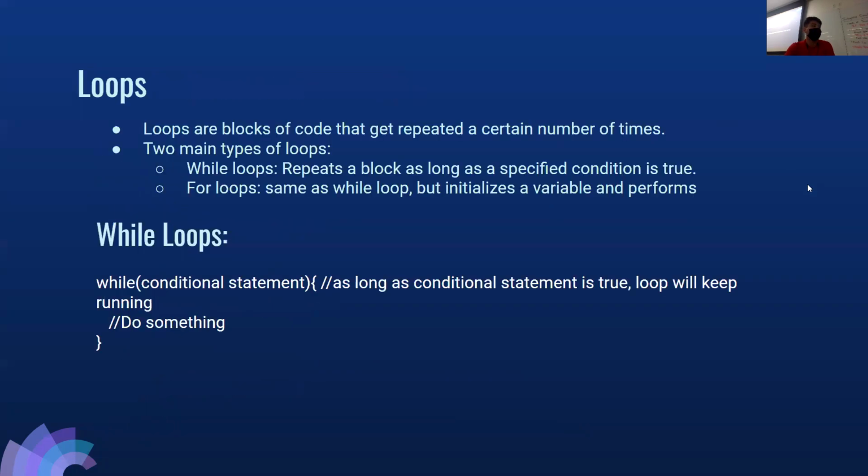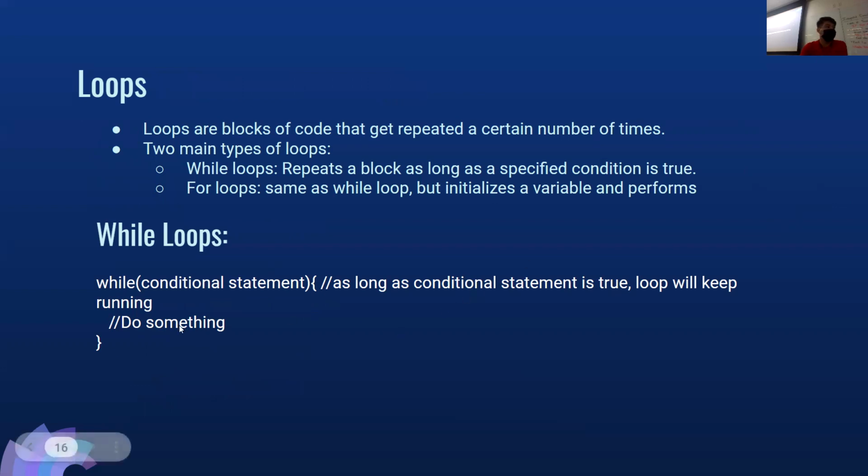And then I guess we'll talk about loops, right? So there's while loops and there's for loops. Loops are almost like an if statement, but instead of doing something once if the expression is true, it just goes over and performs whatever's inside those brackets over and over again. So it's like an if statement on steroids.